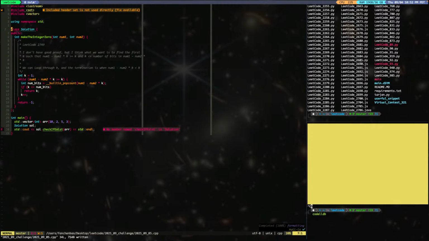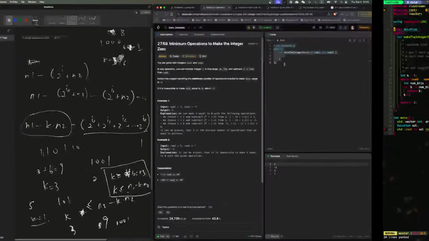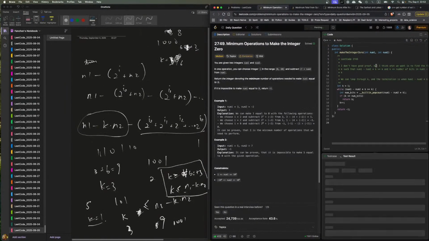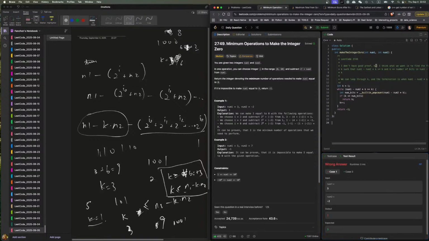All right, we're gonna give this a shot. I don't have very good proof, but vaguely I feel like that should be right, and it is not. Output 1. Interesting.